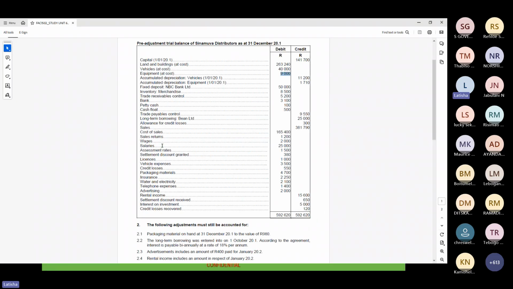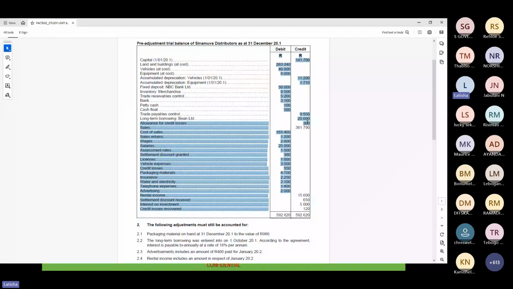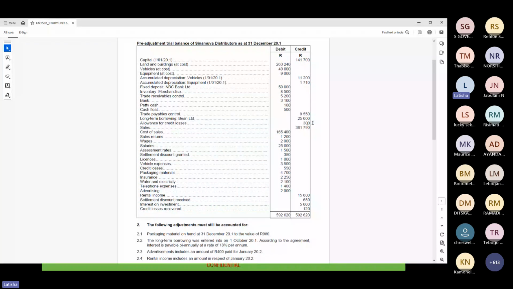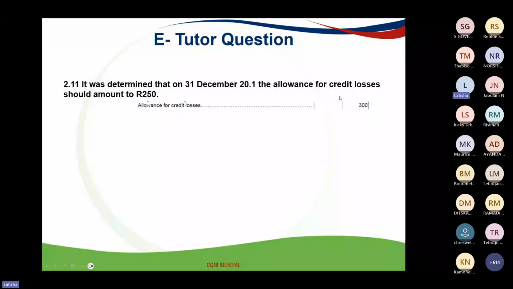So it shows currently that the allowance for credit losses as at the 31st of December that's in the trial balance now is 300. And they are saying in the information, it was determined that it should be 250. So if it's 300 and it needs to become 250, that means we would need to reduce it.